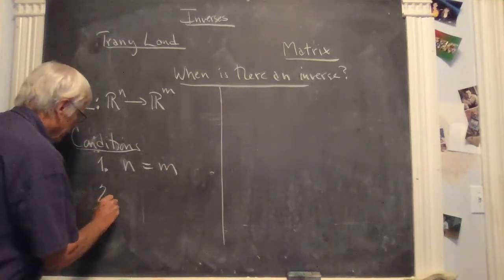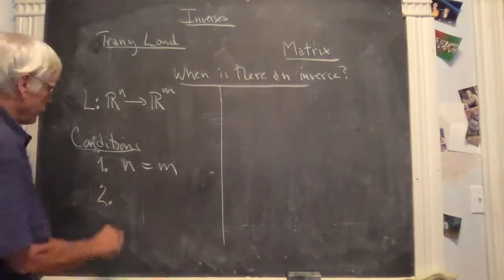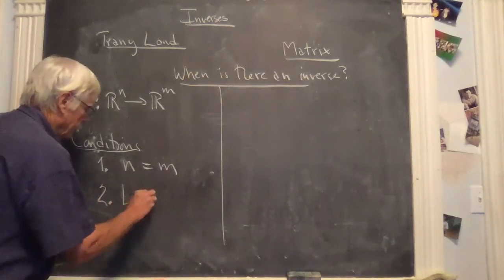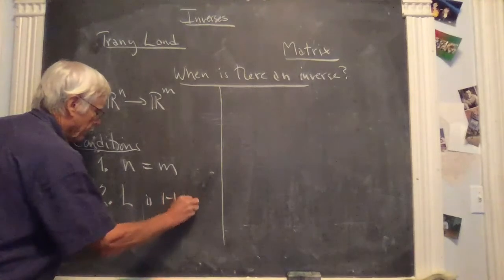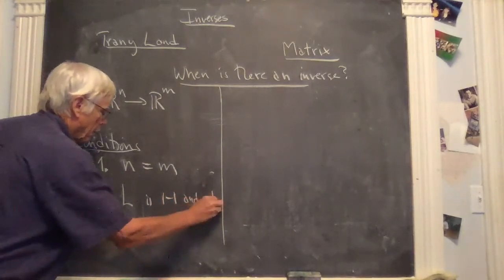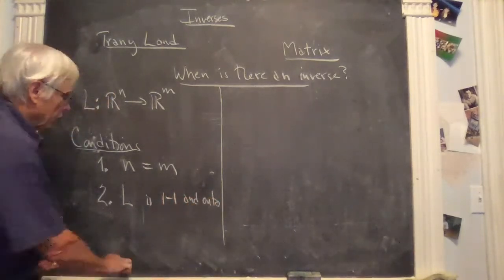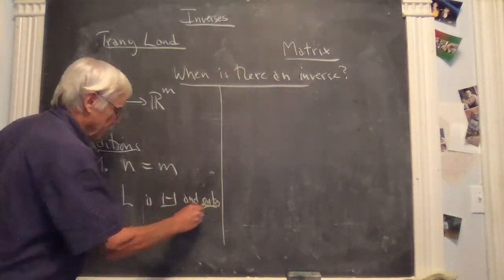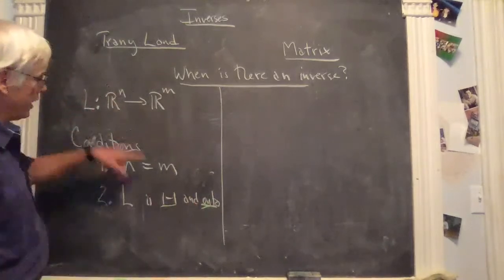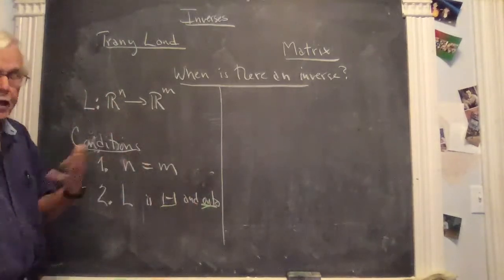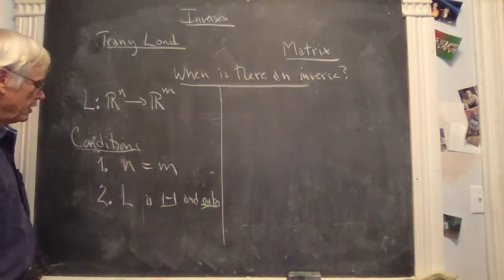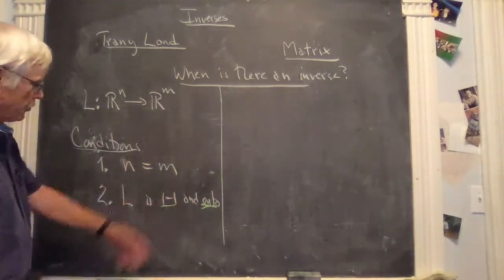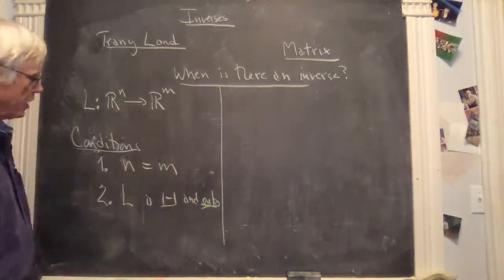And the second condition for having an inverse is L is 1-to-1 and onto. Now, for linear transformations, 1-to-1 and onto are the same when n equals m. That's part of our unifying theorem. So 1-to-1 and onto for transformation, along with n equals m.